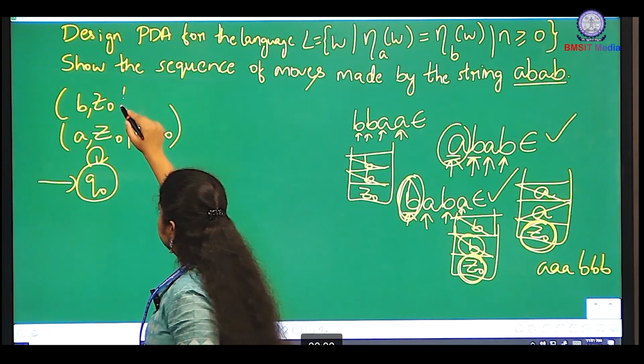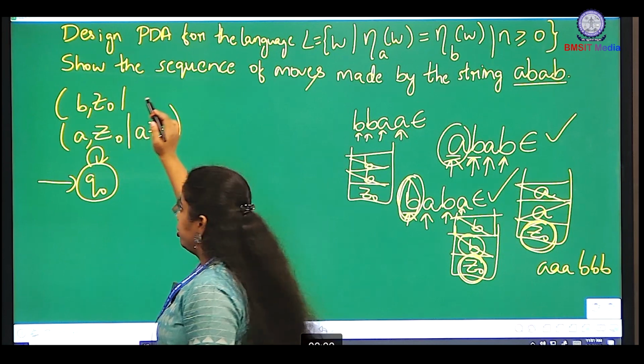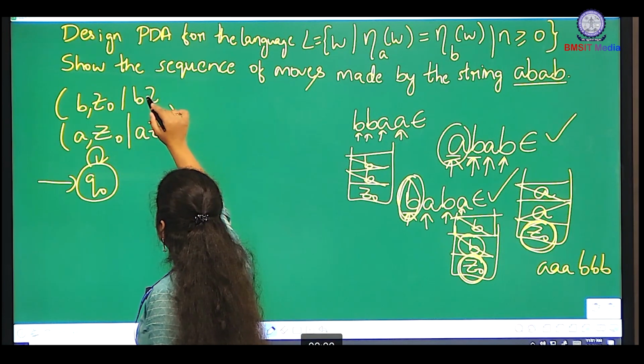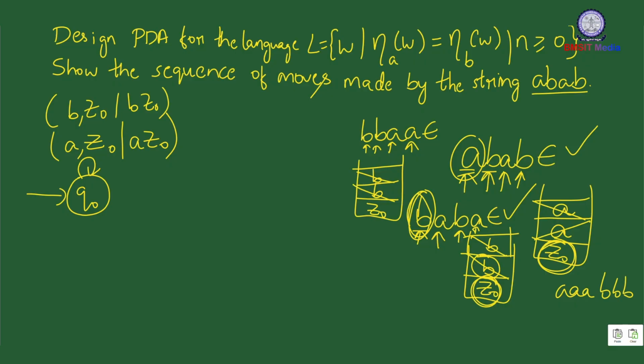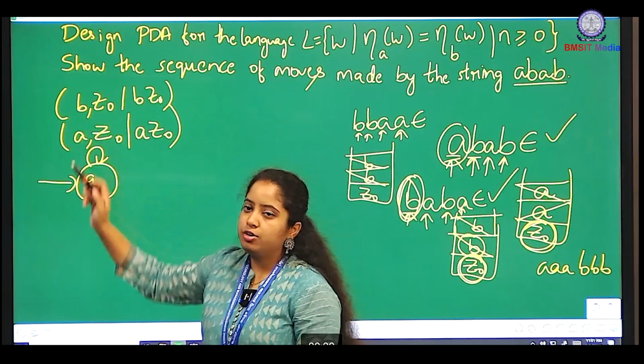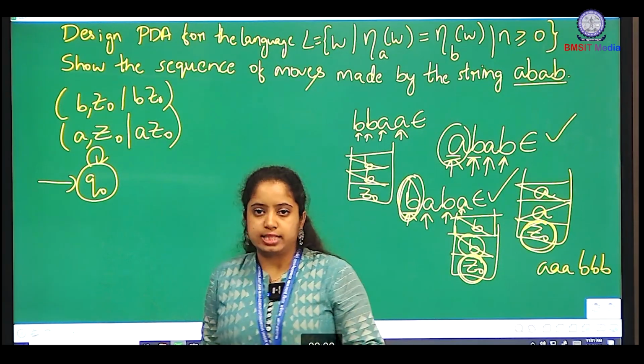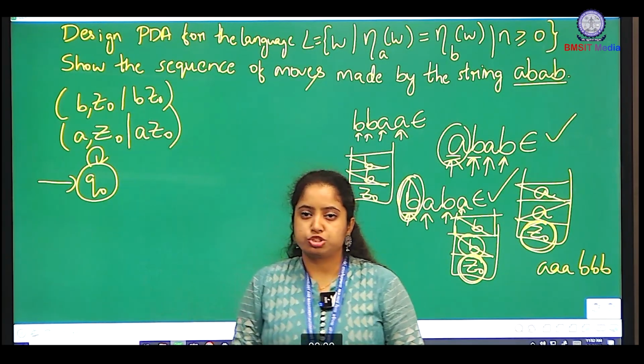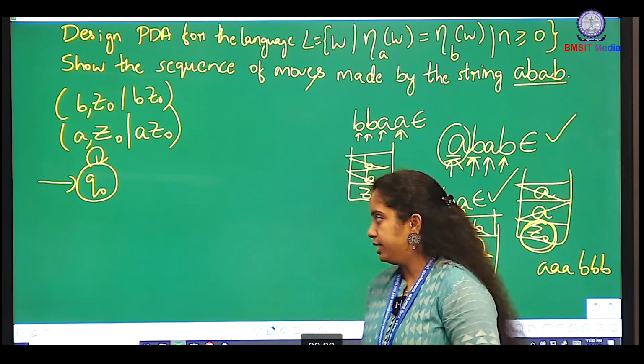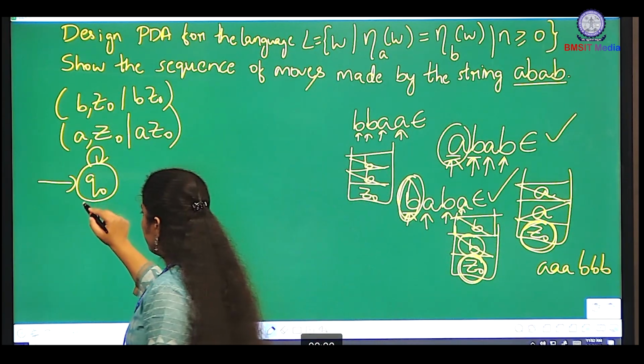So B, Z0, you will simply push that into the stack. So B is the input symbol, Z0 is the stack symbol, then you will just push it into the stack, B, Z0.